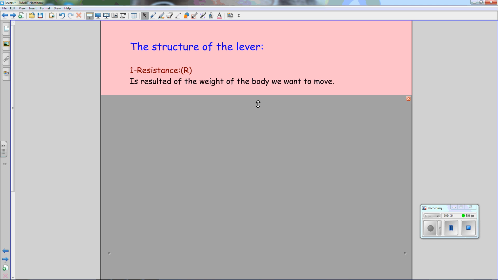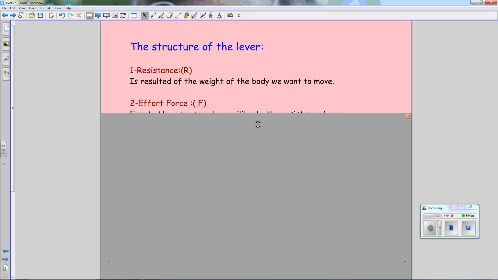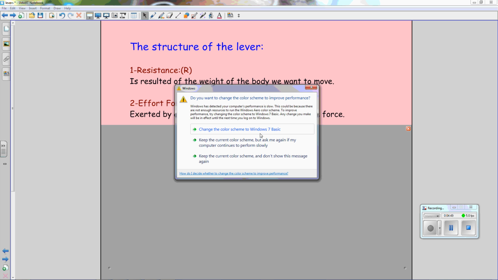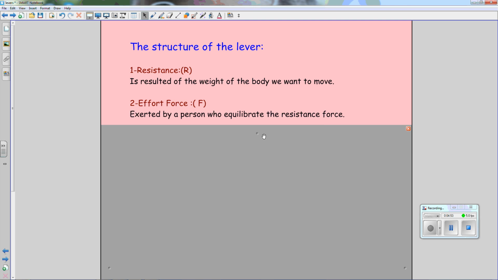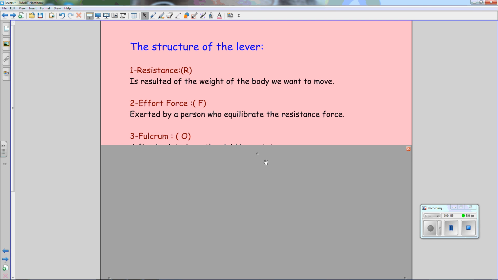Second, an effort force, which is the force exerted by the person against this resistance force. And finally, the fulcrum O, the fixed point where the rigid bar rotates.